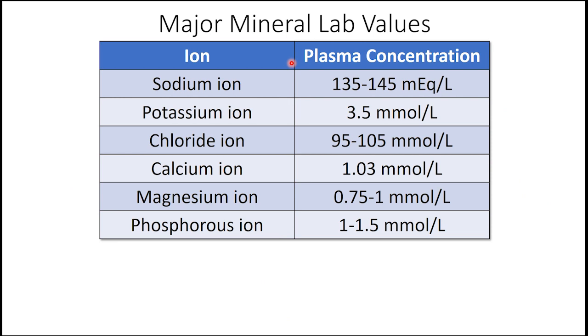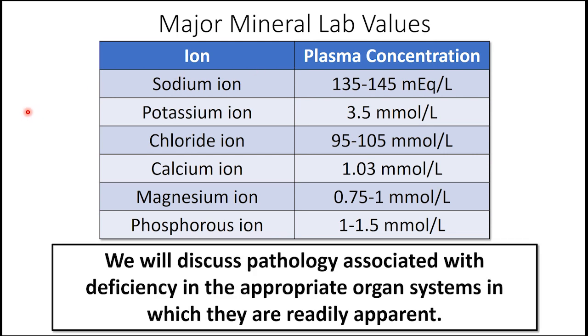So here are some major mineral lab values. I'm really not going to go through these. You can just learn these as you go through your clinicals. But I will discuss one thing associated with sodium ion, and the rest you're probably going to cover when you cover the nervous system and excitable tissue, right? You've already seen magnesium ion. Magnesium ion plays a big role in many different protein and enzymatic reactions, particularly the DNA polymerases.